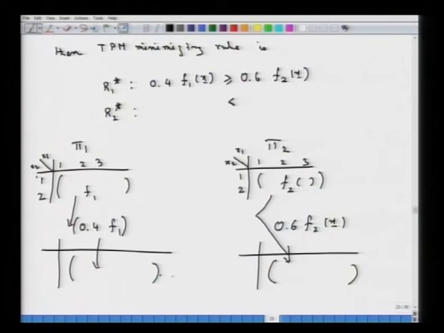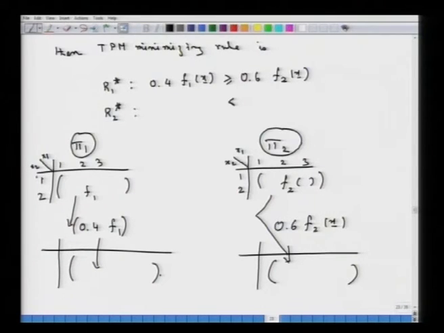Now, as in the previous situation when we were comparing the cell probabilities in the two populations, this corresponds to the pi 1 population, and this corresponds to the pi 2 population. So, we will look at whichever cell has this quantity greater than the quantity in pi 2.